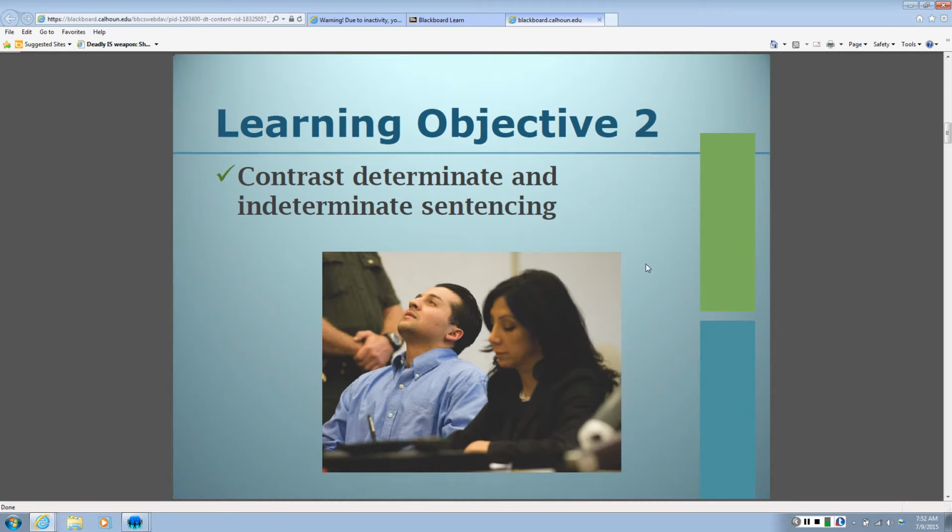I want to talk for just a minute about determinate and indeterminate sentencing. It depends upon the state as to which type of sentencing the state uses. A determinate sentence is when we say, if we give you a sentence of 10 years, that is your sentence, a 10-year prison sentence. An indeterminate sentence is going to be a sentence between, let's say, 2 and 10 years. So you're going to have a minimum of time that you will serve and a maximum time that you will serve.